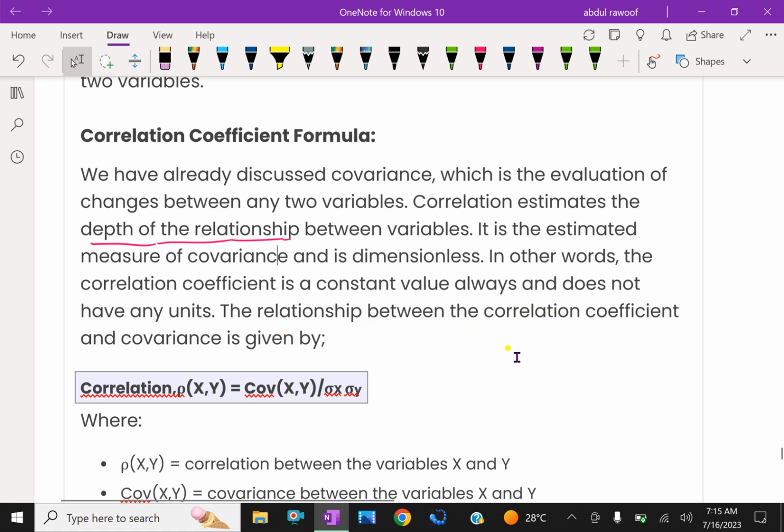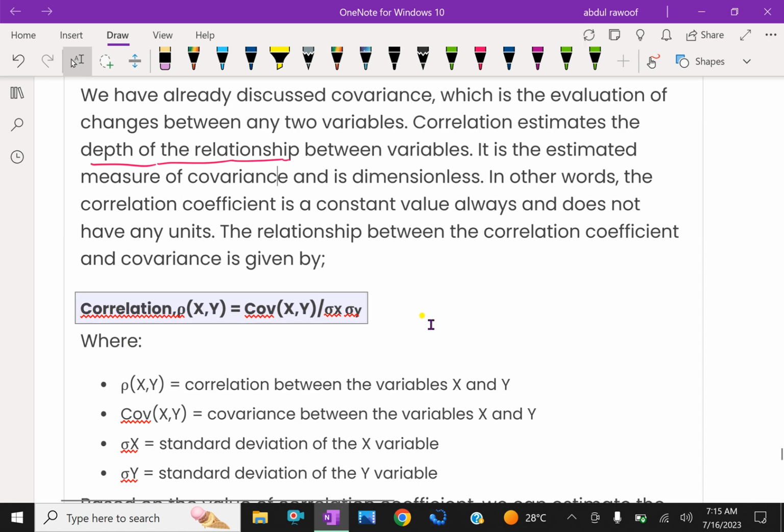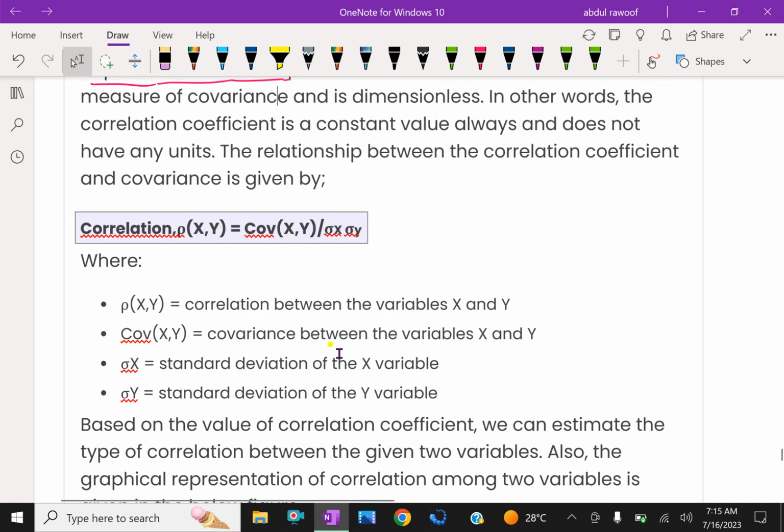The relationship between the correlation coefficient and covariance is given by correlation, that is rho of x comma y, equals covariance of x comma y divided by sigma x into sigma y, where rho of x y is the correlation between the two variables x and y, covariance of x y is the covariance between the two variables x and y, sigma x is the standard deviation of the x variable, and sigma y is the standard deviation of the y variable.